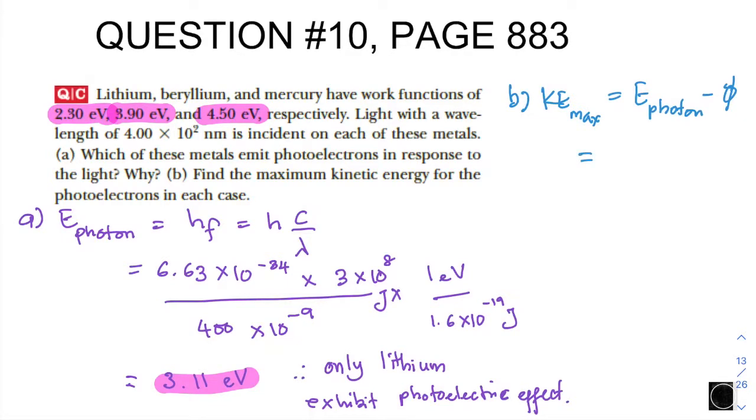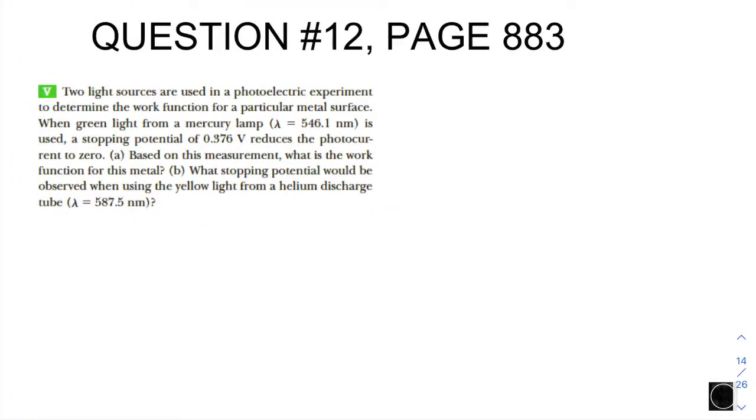So the E of our photon just now, 3.11 eV, minus the work function of lithium, 2.30, we end up with 0.81 eV. So this is the answer for part B. You may convert this into joules by multiplying by this factor all over again. Alright, next one.